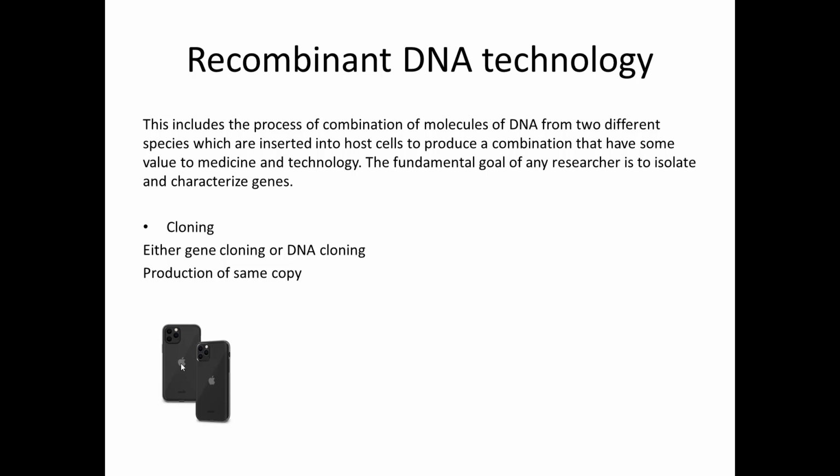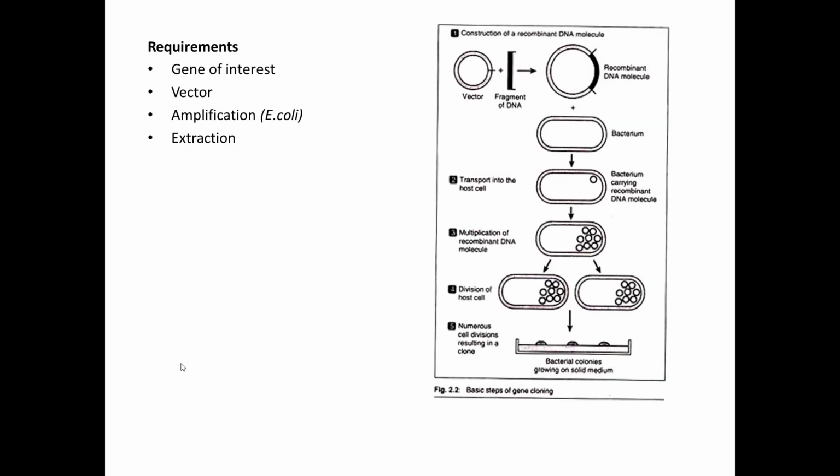Here the cloning is for DNA or gene, creating multiple copies of the same DNA or gene using bacteria as the host organism. Generally we use bacteria as the host organism. And let us go into the requirement portion.